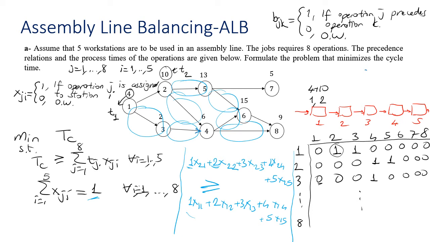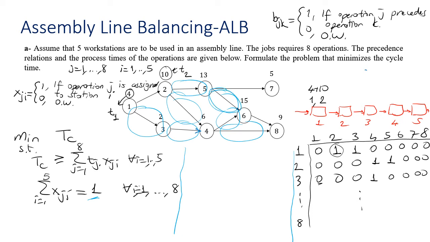Okay, so let me give you another example, an open form, and then we will convert it to a compact form. So let's have a look at between 5 and 6. There's a precedence relationship between them. I'm not writing a constraint between 2 and 3 because there's no precedence relationship between them. I'm writing this constraint only for the tasks that have a precedence relationship.